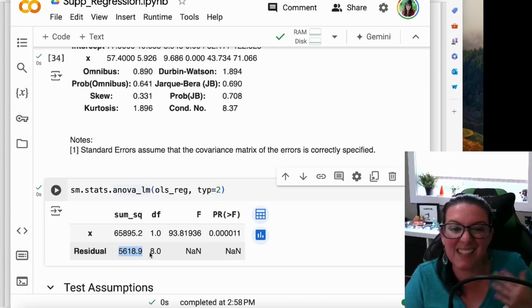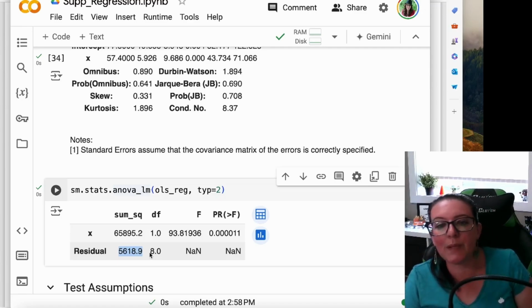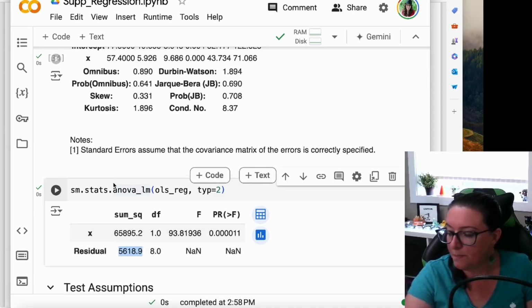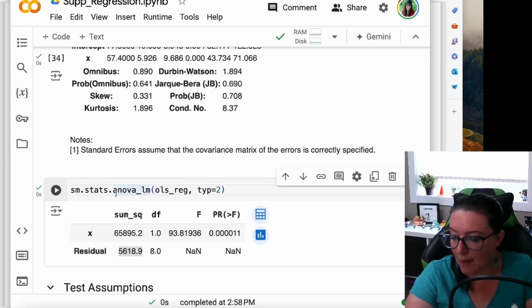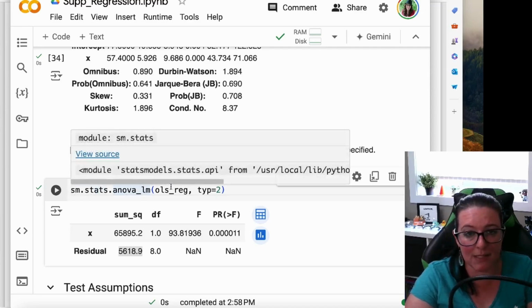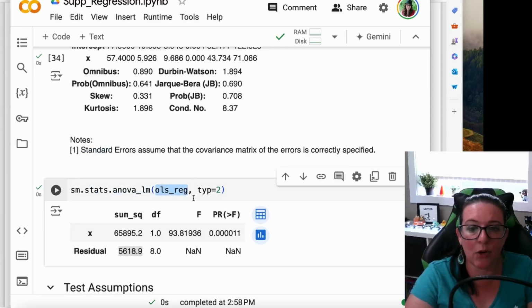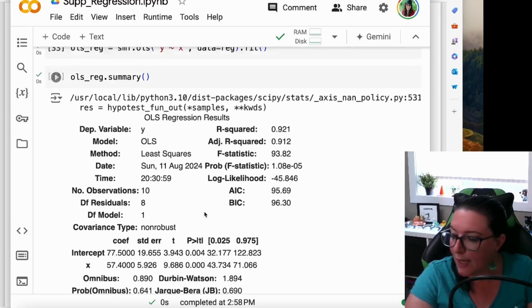5618.9. That's the same sum of squares residual that you saw in the Excel output. We simply have to ask for this additional information using anova_lm from sm.stats, and you need to have already created your regression model and given it a name.